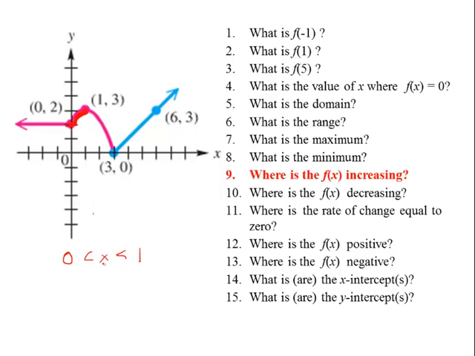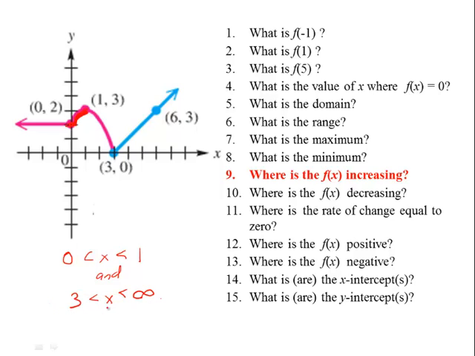When x is in between 0 and 1, the function's increasing. And from 3 to positive infinity. Again, we don't have to worry about equals to's here because you can't increase at a point.